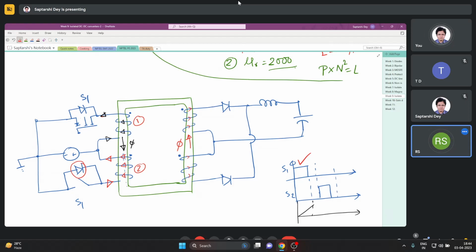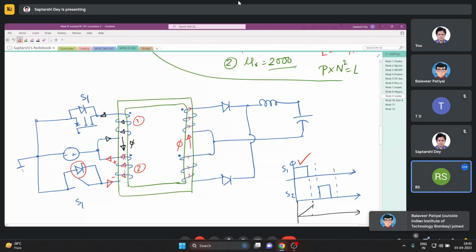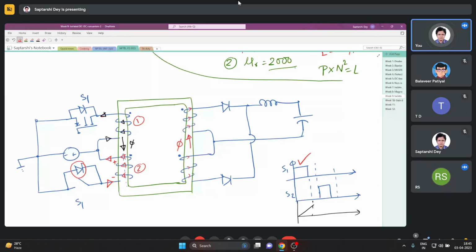To oppose that, this kind of voltage will be induced in this winding, which will forward bias this diode. So it opposes the decrease, which means it tries to increase this flux. At the end the flux reduces, but it reduces like this.